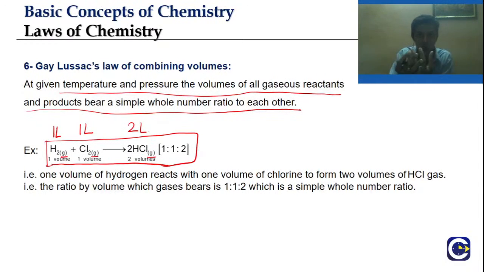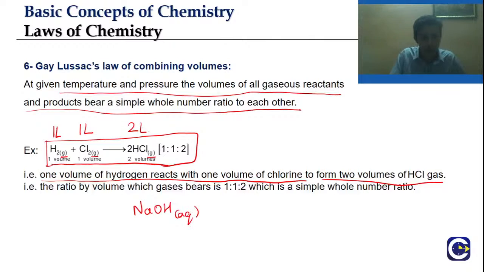So when a reaction happens among gaseous reactants to give gaseous products, it happens in terms of volume. See, 1 volume of hydrogen reacts with 1 volume of chlorine to form 2 volumes of HCl gas. However, if I am taking NaOH in aqueous and HCl in aqueous, that will give NaCl and H2O.